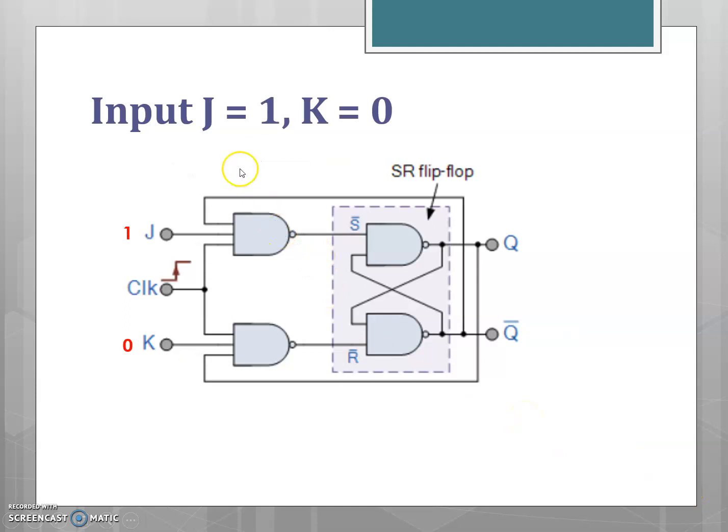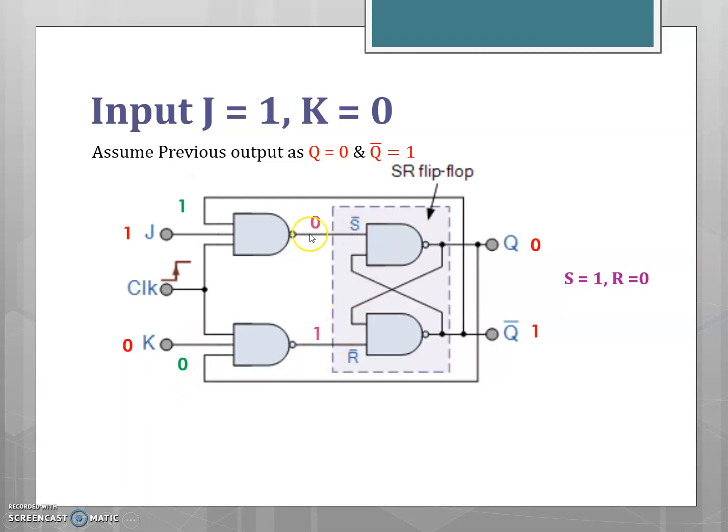Next case, for the input J equal to 1 and K equal to 0. Let us assume that the previous output is Q equal to 0 and Q bar equal to 1. So these outputs are fed back to the input of the NAND gate. The upper NAND gate with both of the inputs equal to 1, the output is equal to 0. And the lower NAND gate with the input 0, the output is equal to 1.